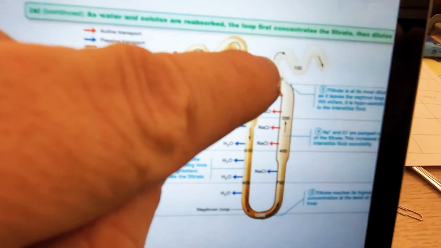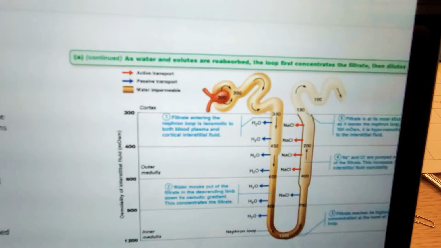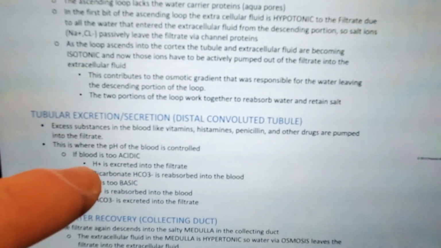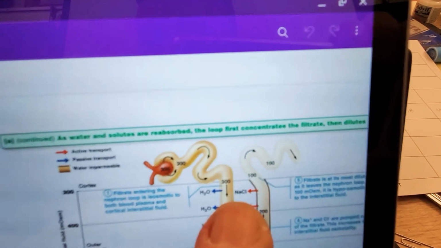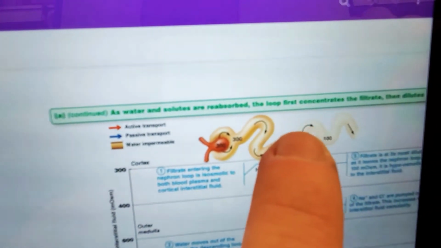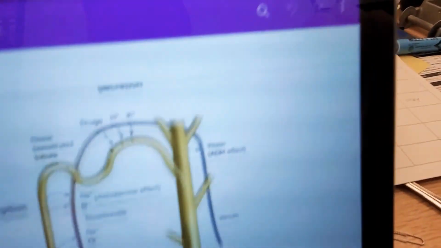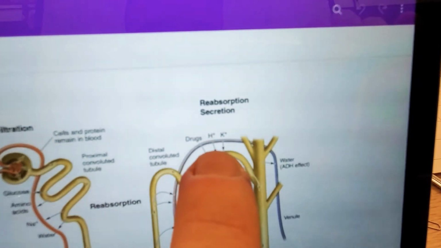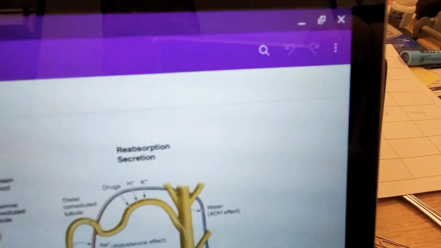The other thing that happens at the distal convoluted tubule is the pH of blood is controlled. So if your blood is too acidic, those extra hydrogen ions will be excreted into the filtrate, out of the blood. There are blood vessels that run along there, and hydrogen ions get excreted, and bicarbonate ions get pulled out.